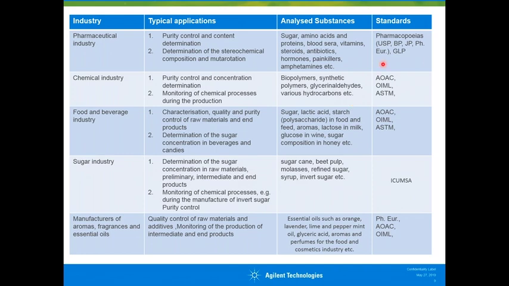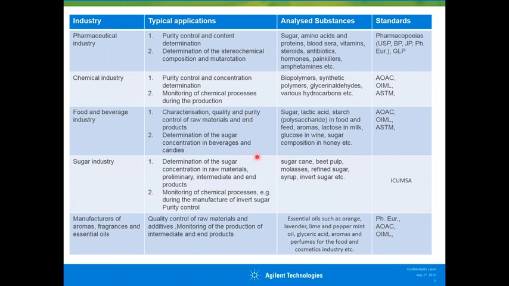And here the authorities providing the standards would be AOAC, OIML, ASTM, etc. In the food and beverage industry, again, purity and quality control, determination of concentration of sugar, starch, lactic acids in food, sugar composition in honey, lactose in milk. These are some common applications in the food industry.